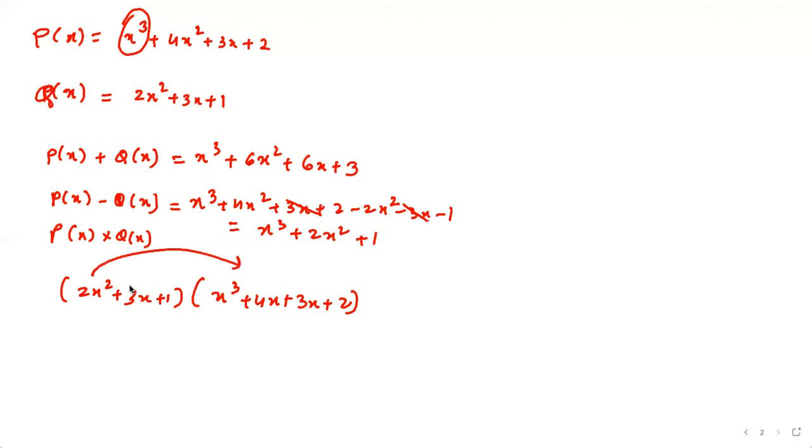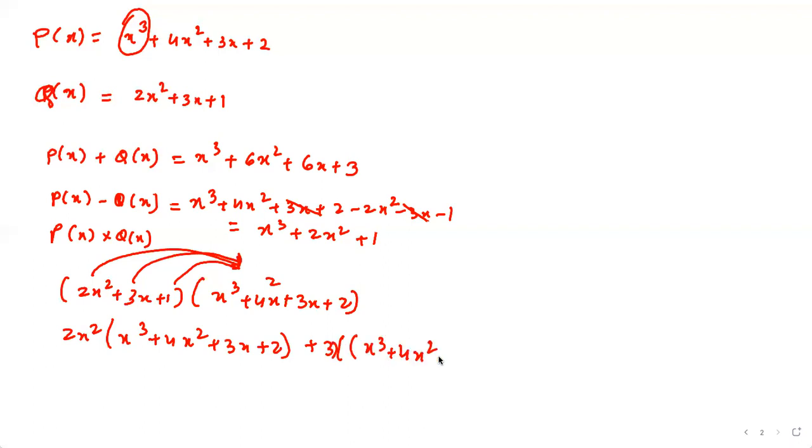You multiply 2x squared with the entire bracket, then 3x with the entire bracket, then 1 with the bracket, and you add them up. So you're going to open up and simplify that.